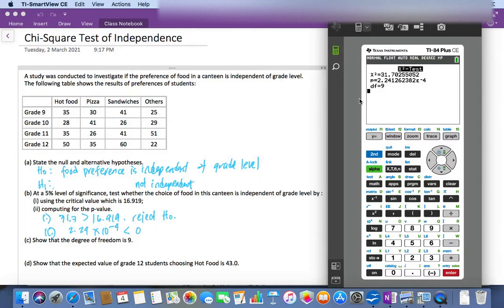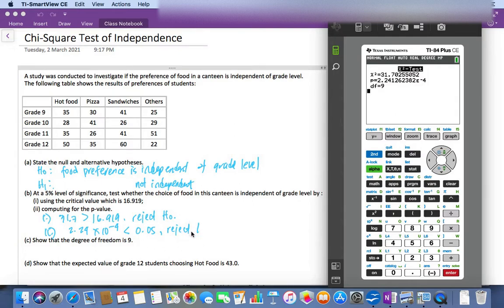So we compare the p-value computed by the calculator to the significance level in decimal form, and if this p-value is less than the level of significance, we're going to reject H0. These two conclusions should actually agree with each other.